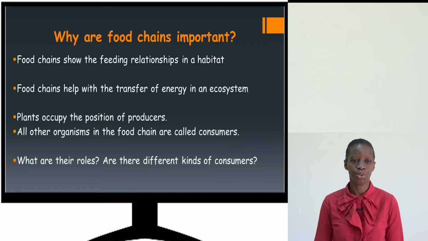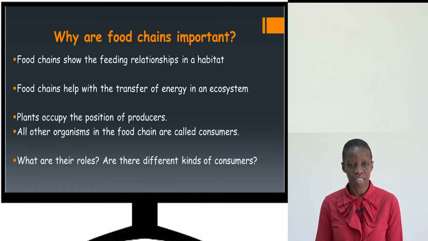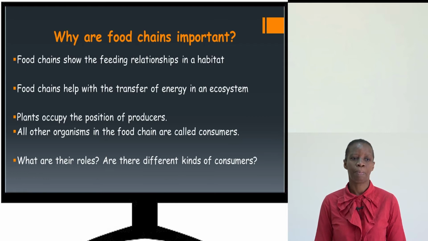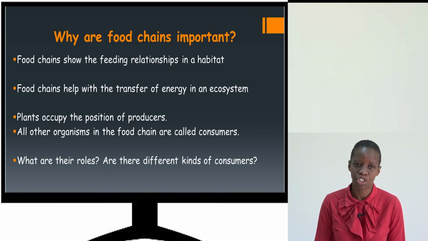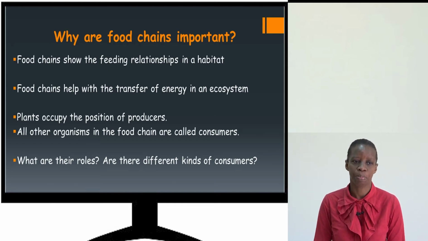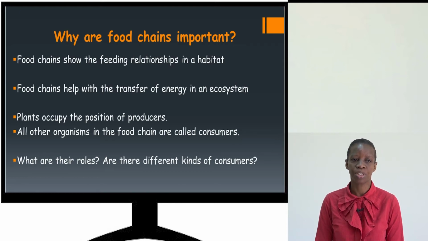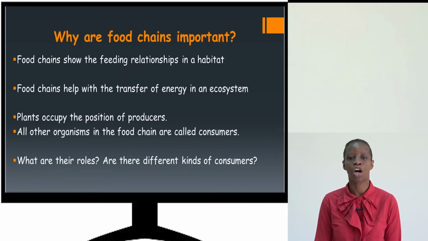And that is what we use to give us the energy to do the different activities that we carry out. So by eating, right, we're transferring energy. So the food chains help in the transfer of energy. And so plants occupy that position of producers, and every other organism in that ecosystem, they would be called consumers.